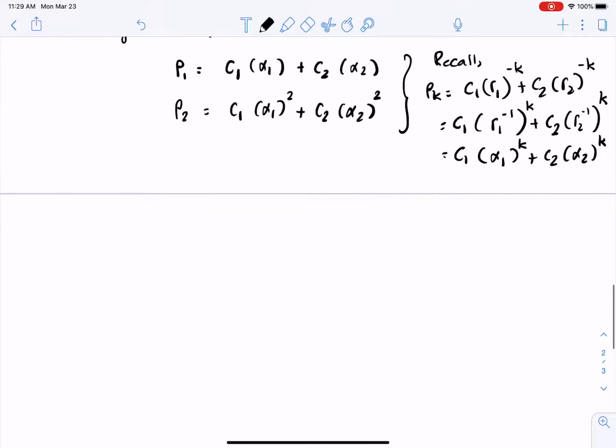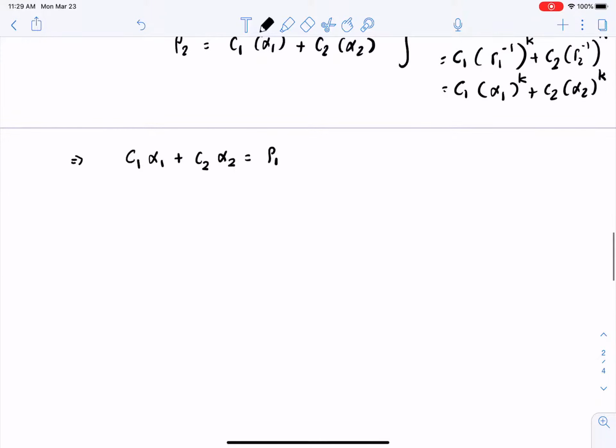So we have two equations: C1 alpha 1 plus C2 alpha 2 equals rho 1, and C1 alpha 1 squared plus C2 alpha 2 squared equals rho 2.